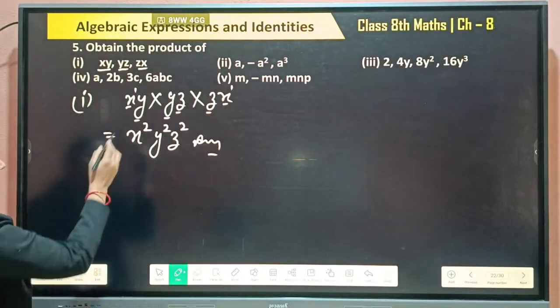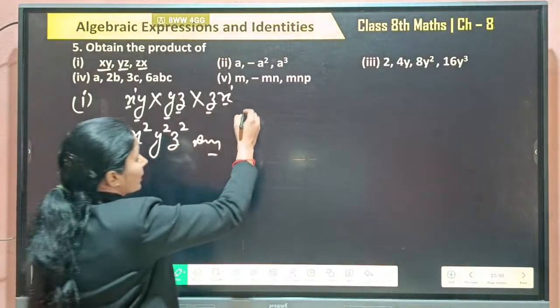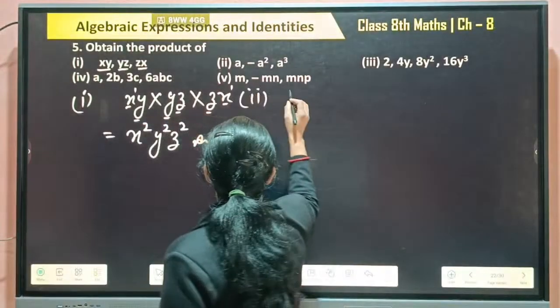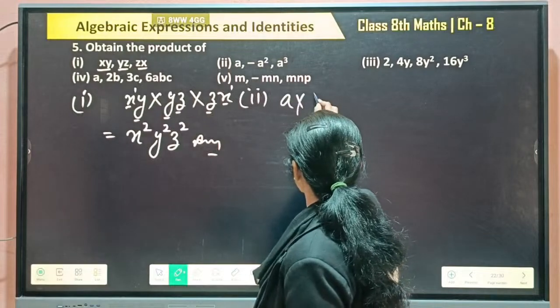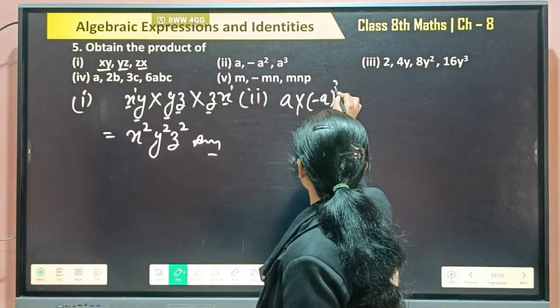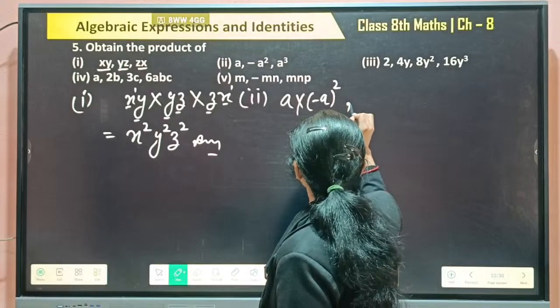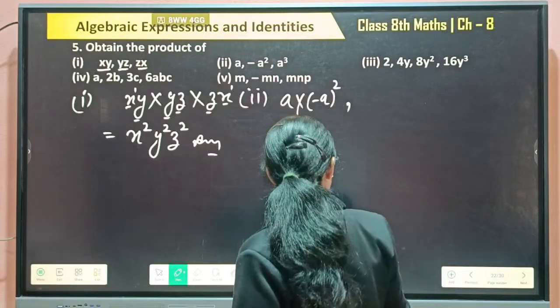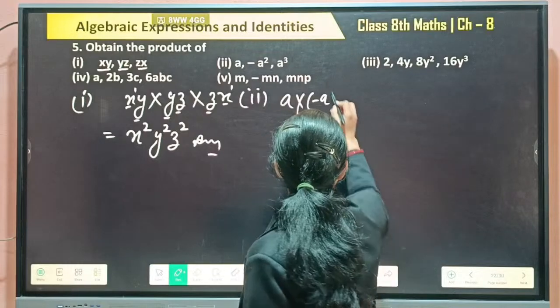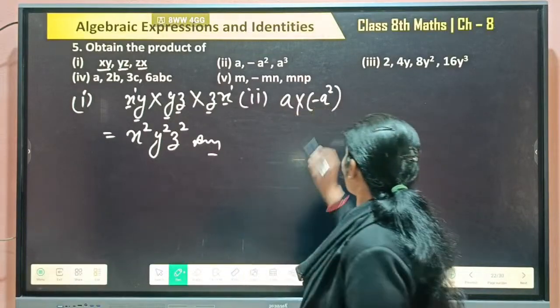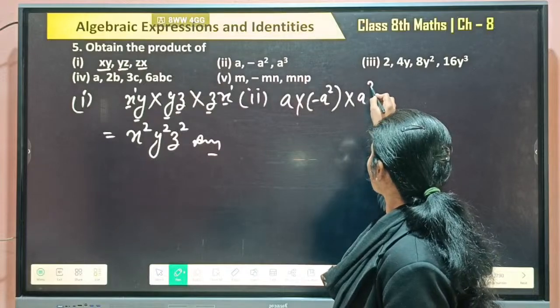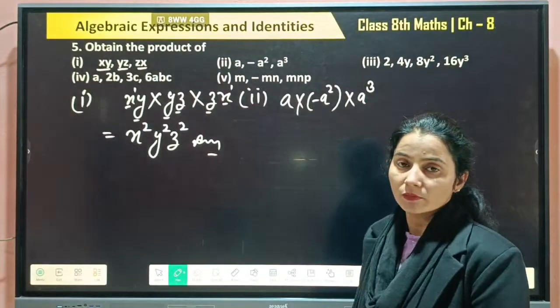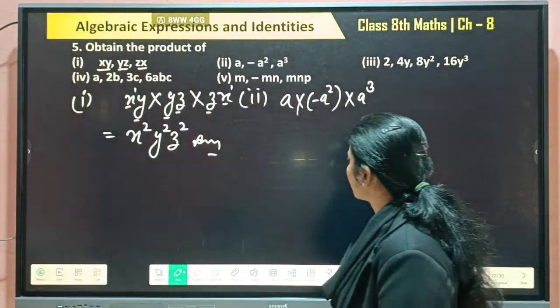What is the second part? The second part is a multiplied by minus a raised to power 2, multiplied with a raised to power 3. These three terms we have to multiply. Let us see.